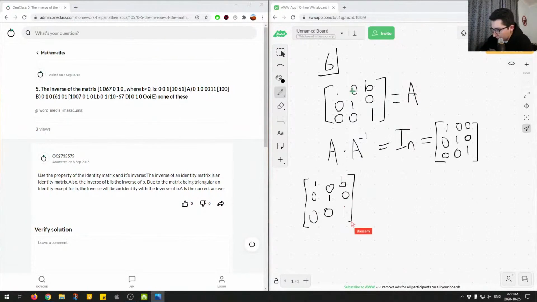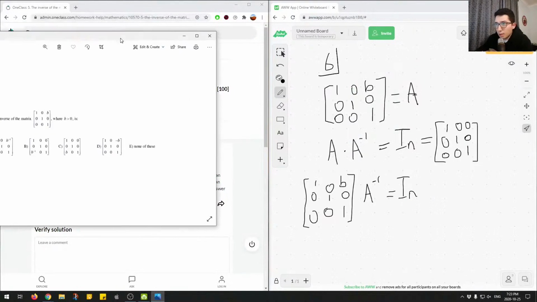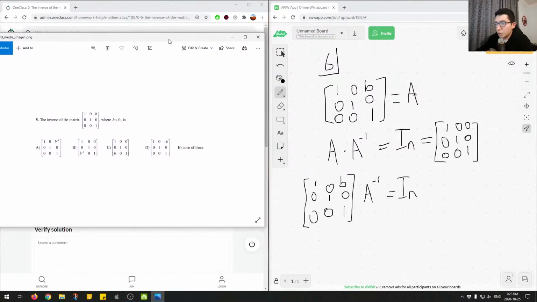And then we'd have A inverse equal to, which is just this. So when we're looking at the options, we can just go through each option one by one and see which one works, and that ends up giving us this matrix. So let's plug in the following.